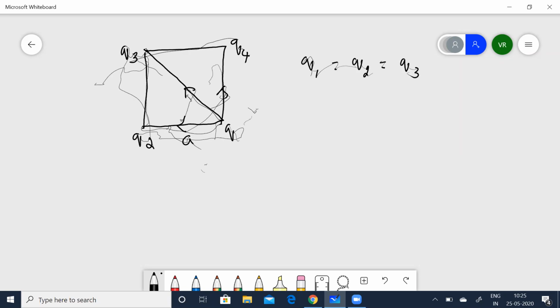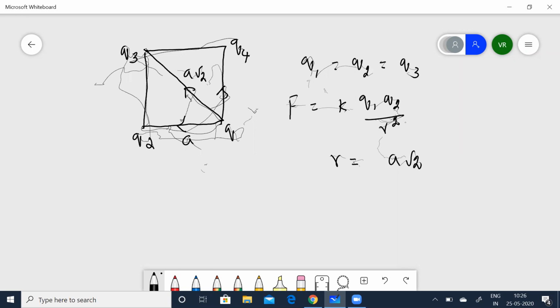Now you know F is equal to K times Q1 Q2 by r squared. Since all the charges are equal, Q1 is equal to Q2 is equal to Q3. Now the distance is going to be a root 2, because this is the diagonal, and the diagonal of a square is a root 2. So r is equal to a root 2.